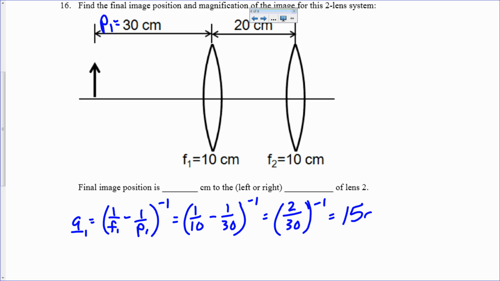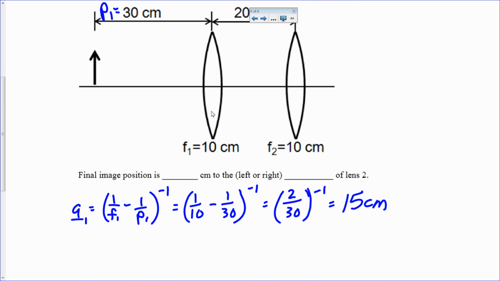It's 15 centimeters. And then the magnification M1, let's go ahead and find it, is negative Q1 over P1. That's negative 15 over 30. Negative 1/2.